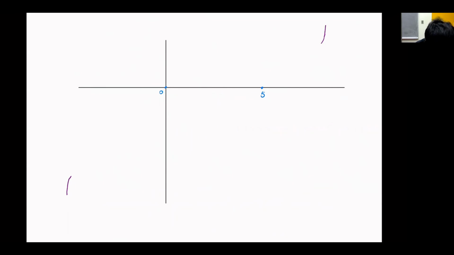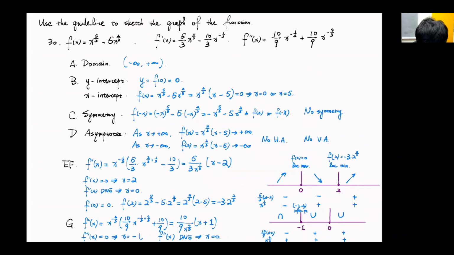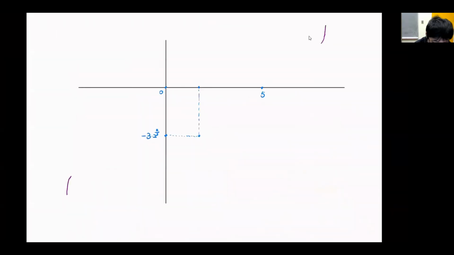So f of 2 will probably be some negative number that's going to be further smaller than -3, but not way too much smaller than that. Let's say this is going to be -3 times 2 to the 2 over 3. Okay, so this takes care of this point, and finally we have -1, -6. So -1 is roughly here. And then -6, so this will be quite negative.